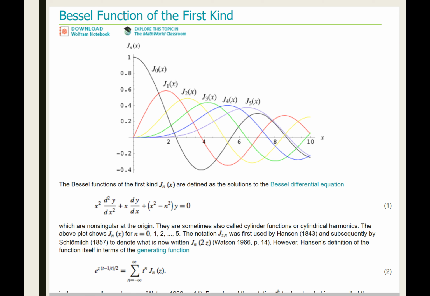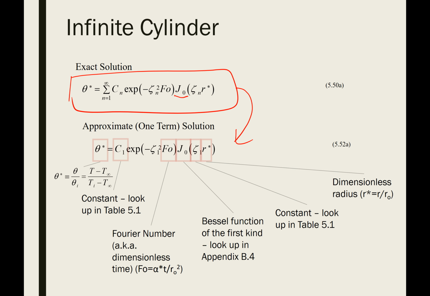So here's what Bessel functions of the first kind look like if you want to go read more about them. We're specifically looking at this J0 term, which just has a functional form that looks like that. Really, there's not a ton of physical meaning here, because what happens inside that function is it's evaluating that function as a function of zeta 1 and our dimensionless radius.